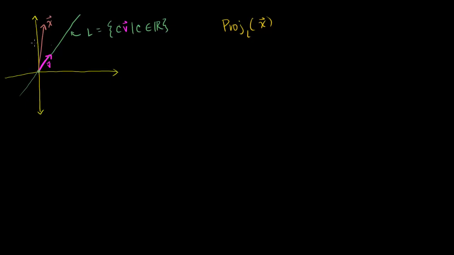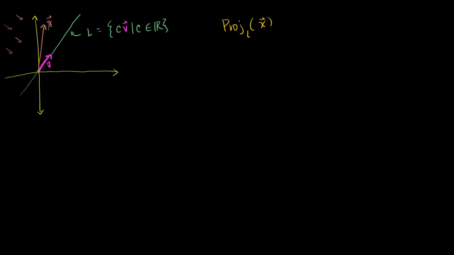A projection, I always imagine, if you had some light source that were perpendicular or orthogonal to our line. So let's say the light was shining down like this, and I'm doing that direction because that is perpendicular to my line. I imagine the projection of x onto this line is kind of the shadow of x.